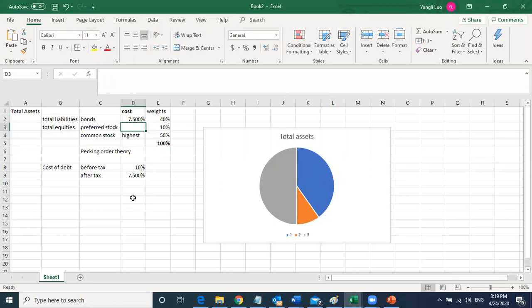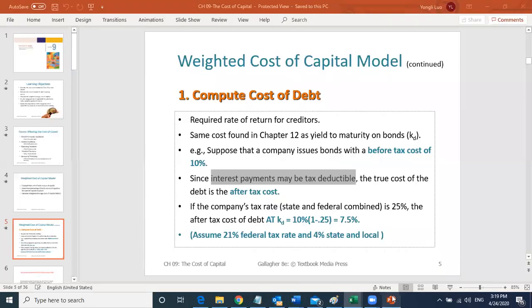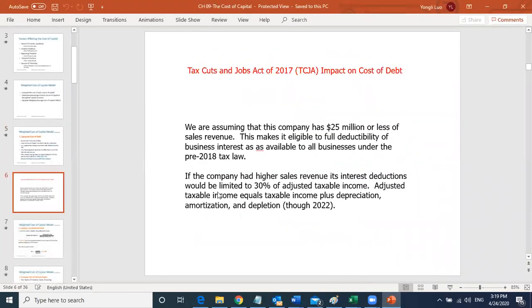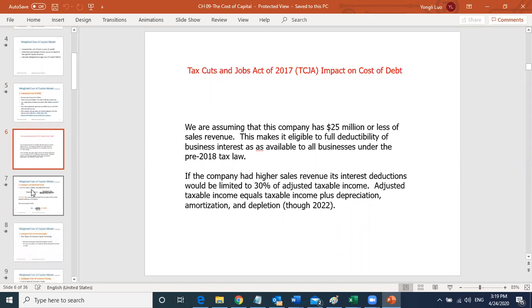Now we want to estimate the cost of preferred stock. Let's go back to the cost of preferred stock. What I want to mention is the impact of the Tax Cuts and Jobs Act of 2017 on the cost of debt.